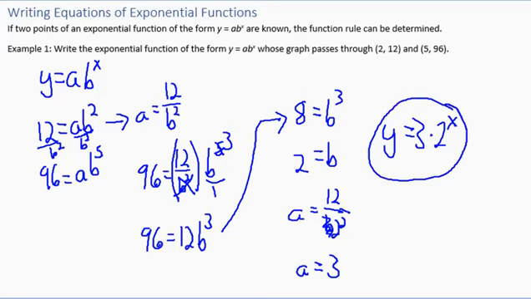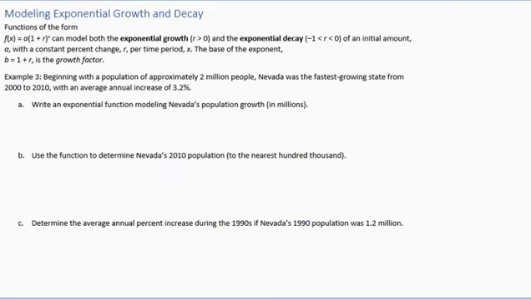We'll need to use that fact later on as having 2 points to graph or to find equations of functions. So modeling exponential growth and decay, this is the main part, modeling, figuring out some things with exponential functions.